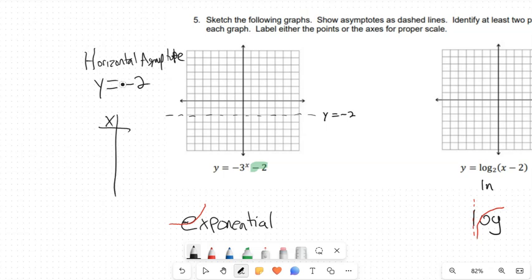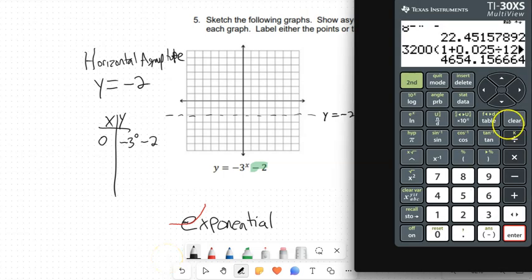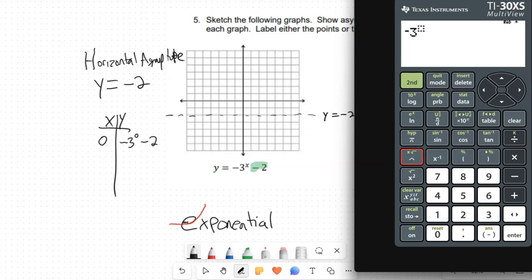Okay, next up I'm going to go after the anchor point for this one, and that is if I can pick an x value that leads me to an exponent of 0, then it's nice when you have an exponent of 0 because it doesn't matter what the base is. For example, 3 to the 0 minus 2.